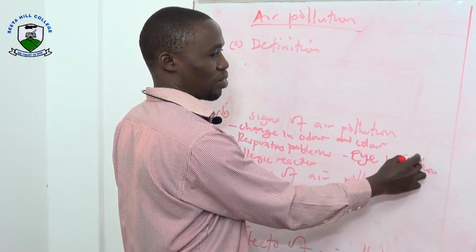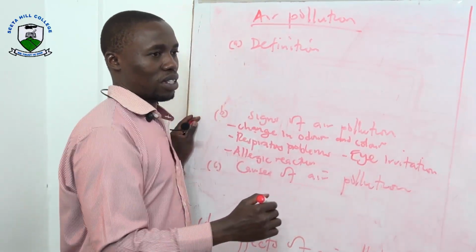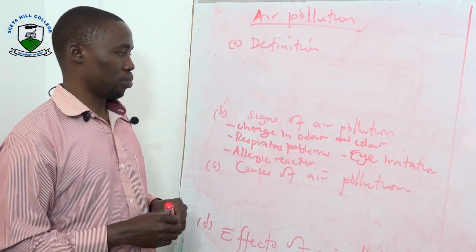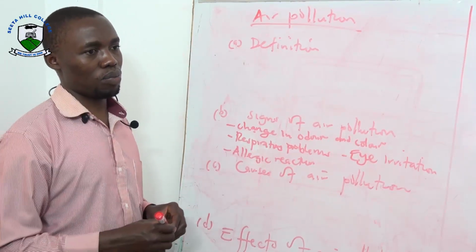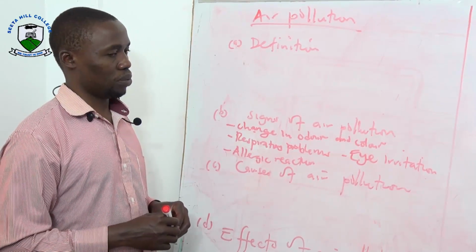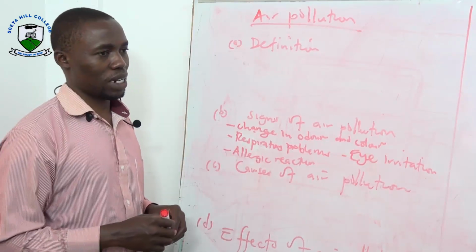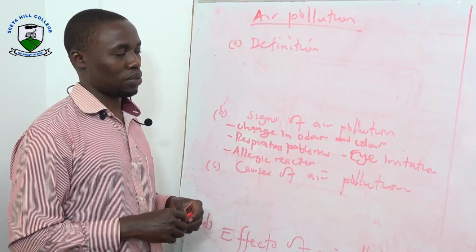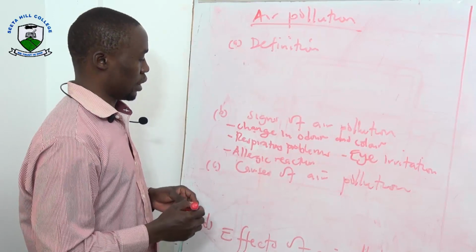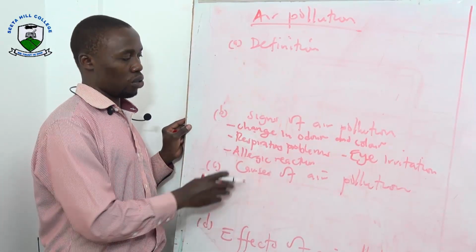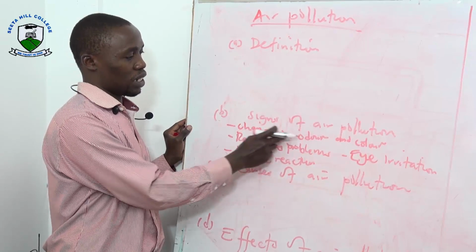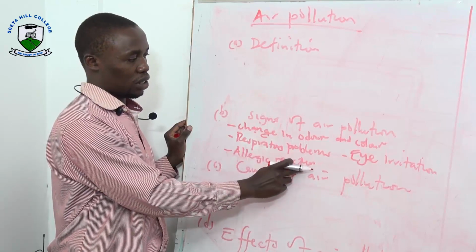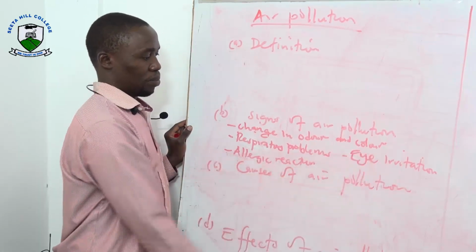Even the ears and so on. Those are all signs when you don't breathe well. So when you feel the eyes are scratching you, it is because you see these gases like ammonia. We shall see those pollutant gases. Okay, that's all. Signs of air pollution: one, change in color and odor, respiratory problems, allergic reactions, eye irritation.